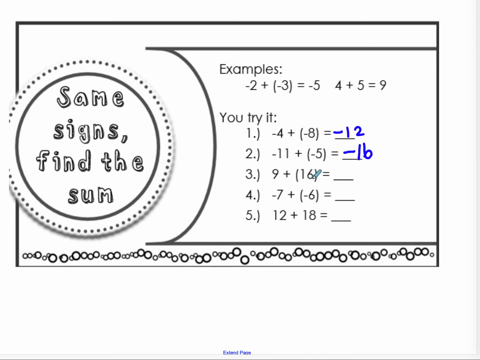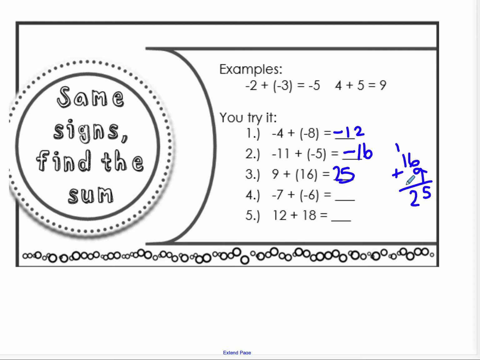Number 3, 9 plus 16. Same signs, find the sum. Those are positive numbers. We're adding the same way we always have. That's going to give us an answer of 25. If it's helpful for you for ones with 2 digits in it to rewrite them vertically, you certainly can. So that would look like this: 16 plus 9 and add 15, carry the 1, 2.